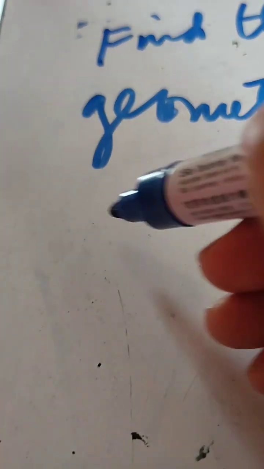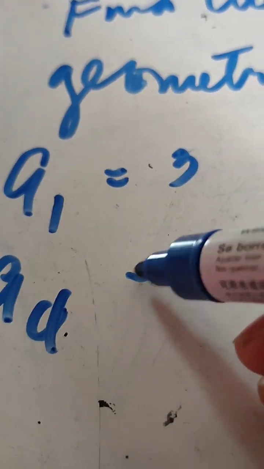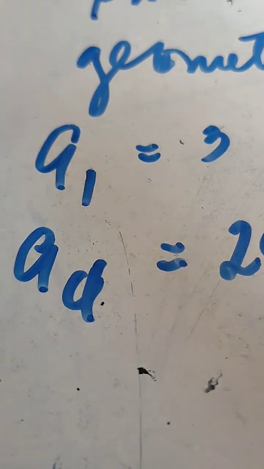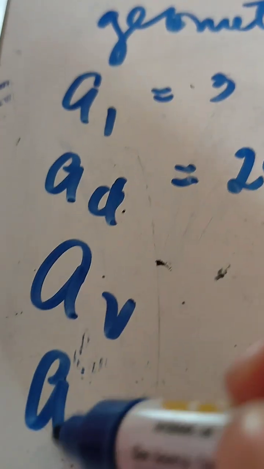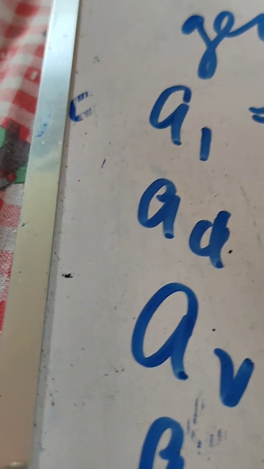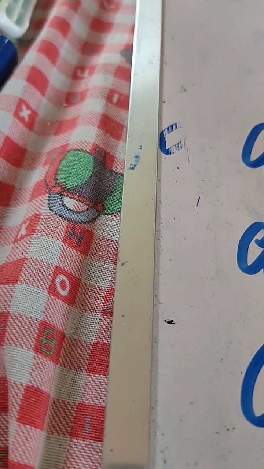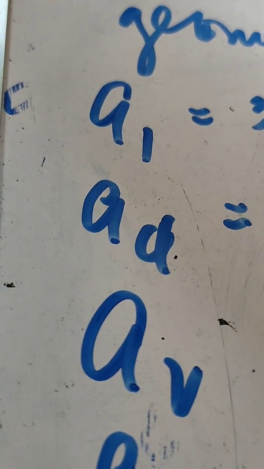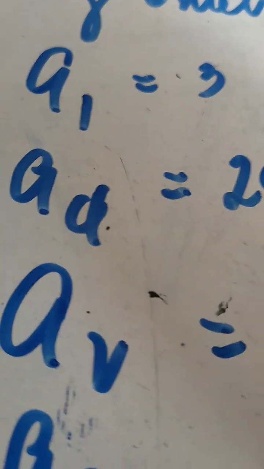Okay, so a sub 1 is 3, a sub 4 is 24. So we're going to find a sub 2 and a sub 3, because we are going to find the first three terms.